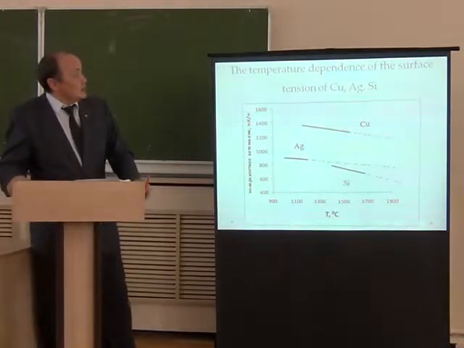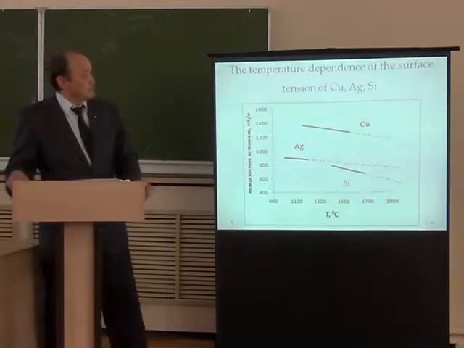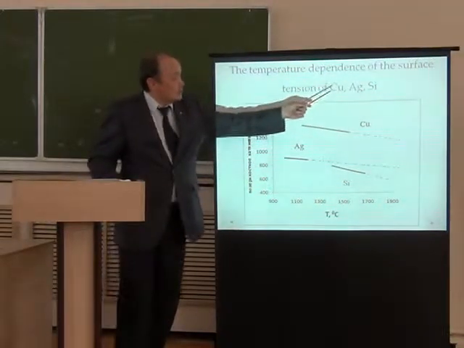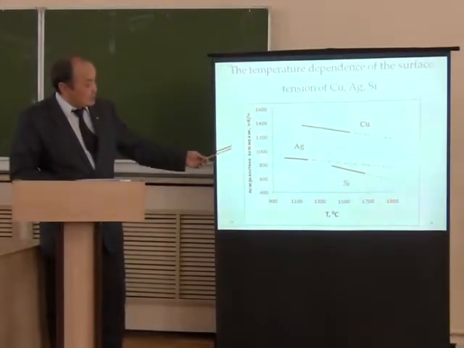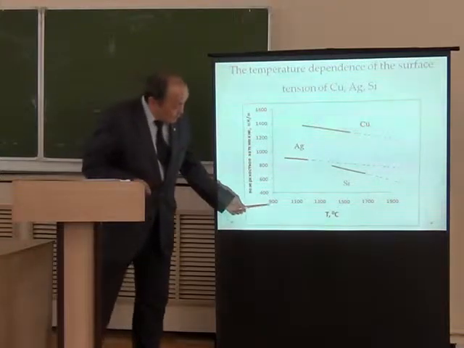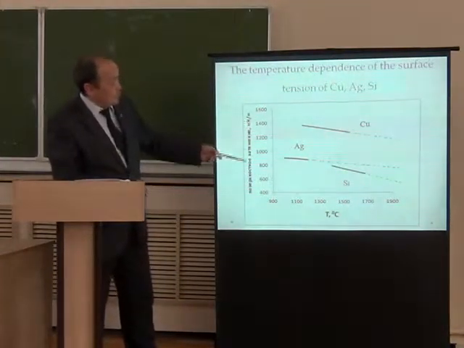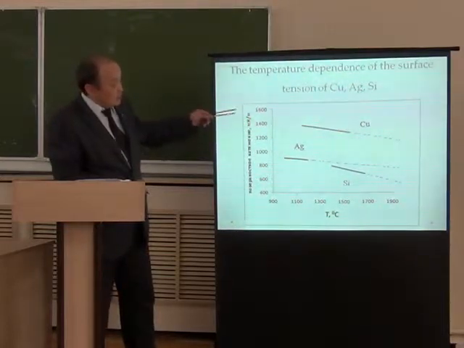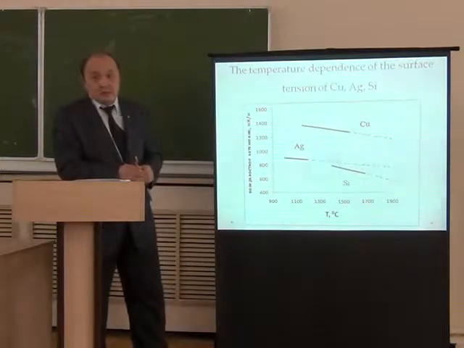The temperature dependencies of the surface tension of cuprum, argentum, and silicon. In this slide we can see when temperature is increased, surface tension is decreased. Do you understand?